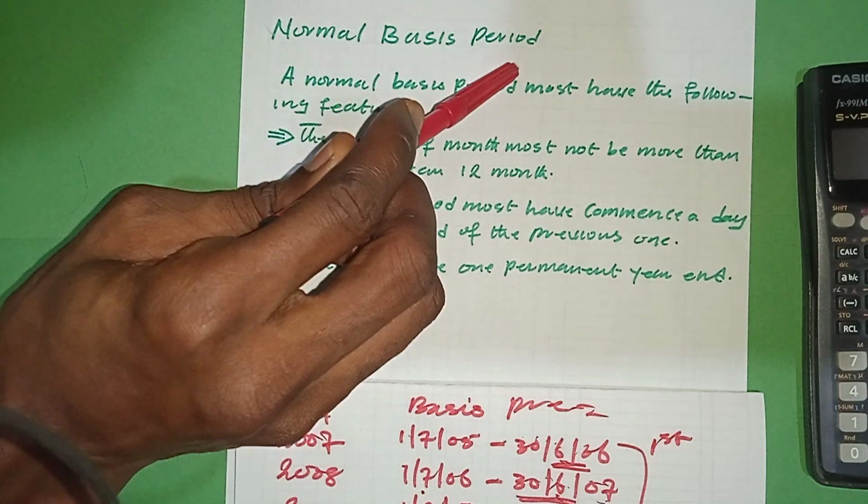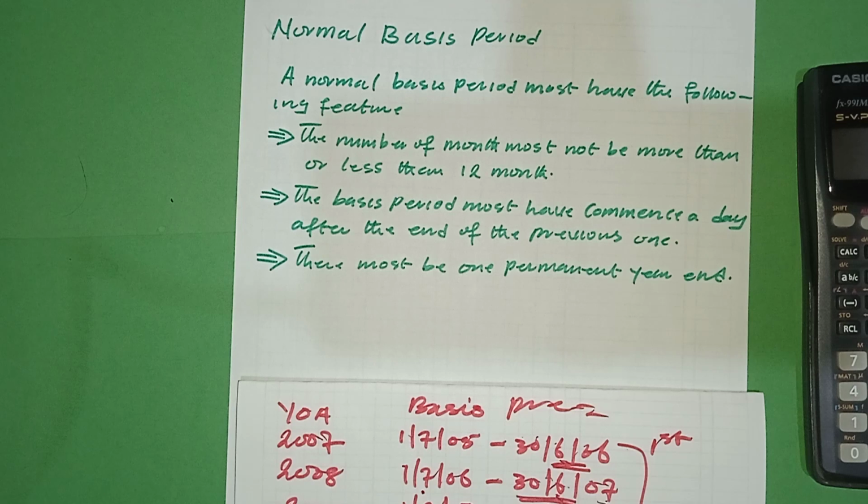Now, this normal basis period, the things that will turn it into abnormal are what we call change in accounting date, commencement, and cessation. My lecturer will say that is like the life of a woman. When she is born, she commences her journey into the world.